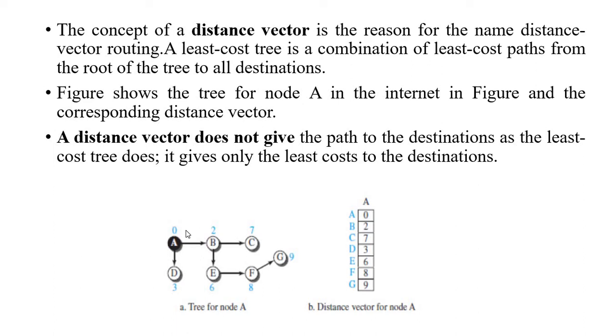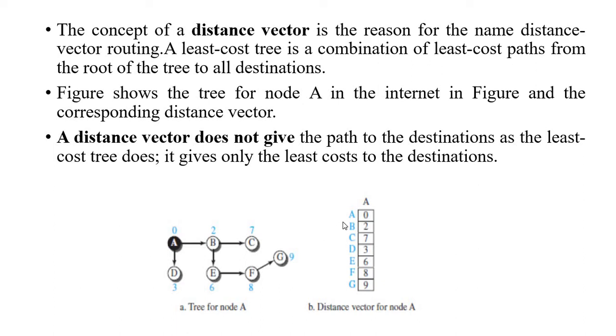By considering A as the root node, we can form the shortest distance from A to all the remaining nodes available. Therefore, the distance table, that is the distance vector for this root node A, covers all the remaining nodes available.